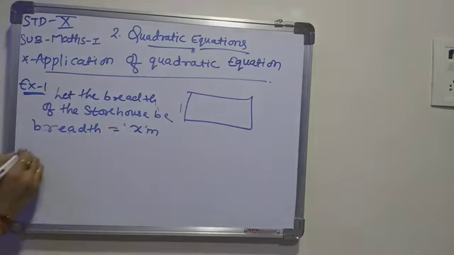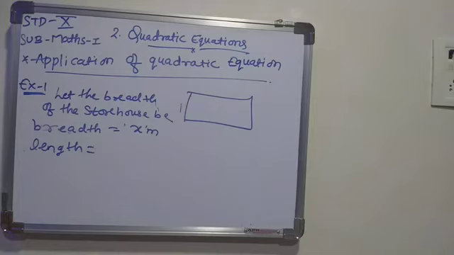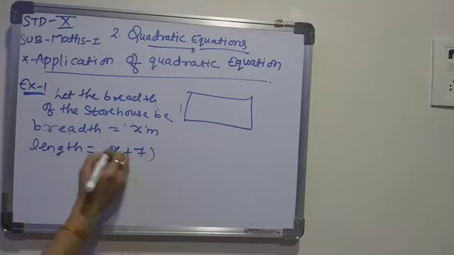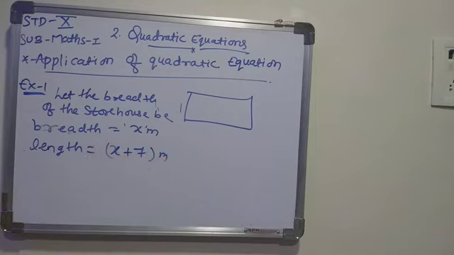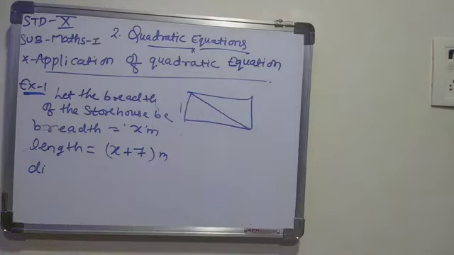And the first condition is length. Your length is more than its breadth by 7 meter, meaning x plus 7, right? And they have given you the diagonal. Now what is diagonal? This.